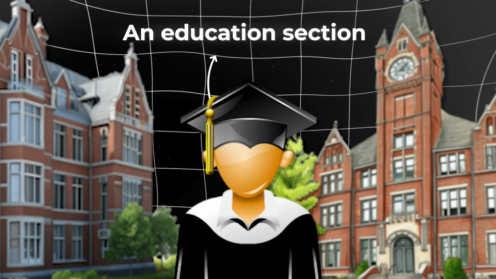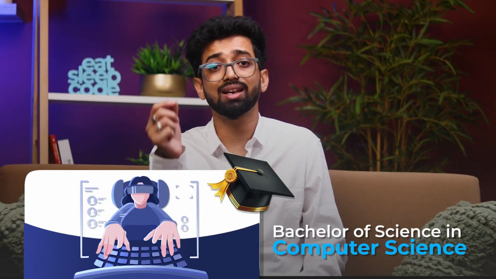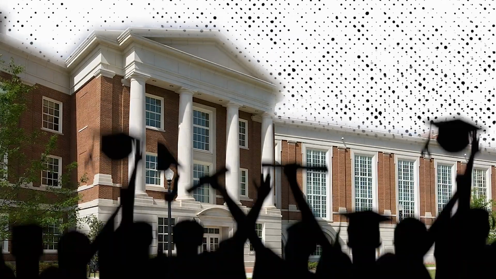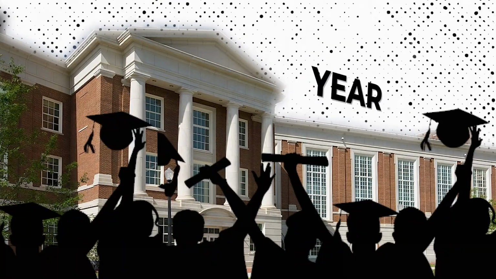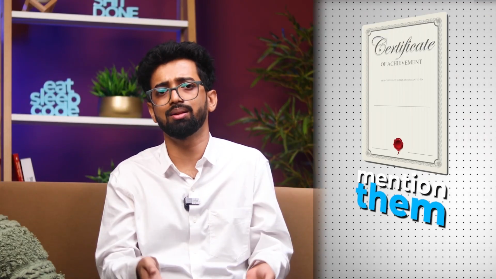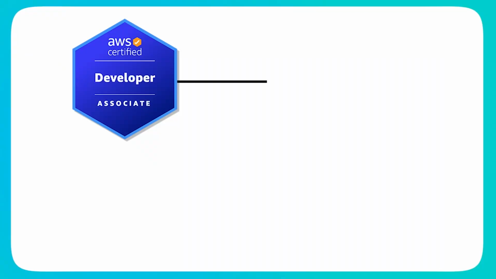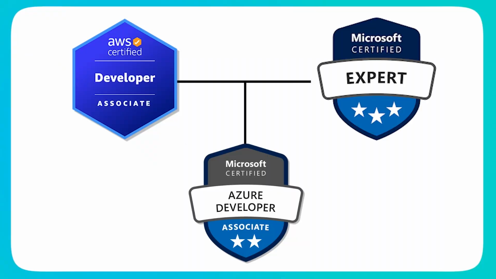An example of an education section will be like: Bachelor of Science in Computer Science from whatever university you attended, graduated in the year, relevant coursework in data structures and algorithms and database management systems. Last but not least, add certifications. If you have any certification, please mention them, like AWS Certified Developer or Microsoft Certified Azure Developer Associate, etc.